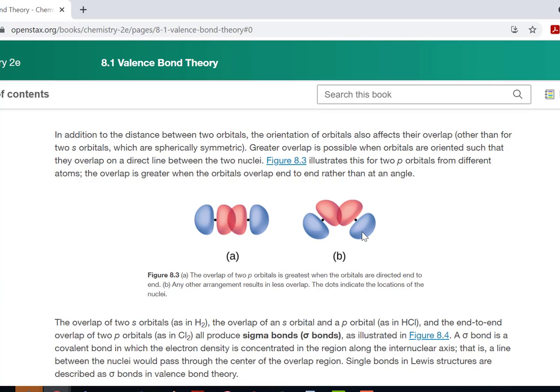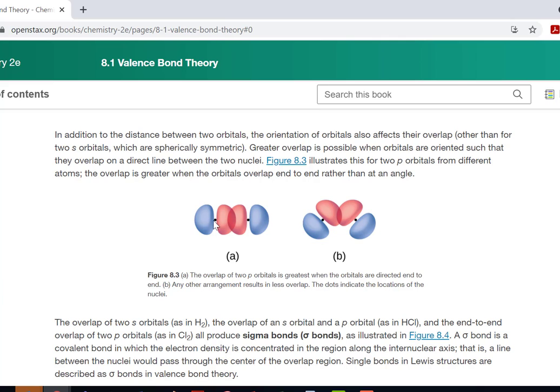When we have the p orbitals aligned like this, if you imagine a straight line that goes through the nuclei of each atom, we have the greatest possible overlap of those p orbitals. Whereas if we don't have a straight line that goes through the lobes and the nuclei, because we can still draw a straight line here but it doesn't follow the lobes, there's less of an overlap.